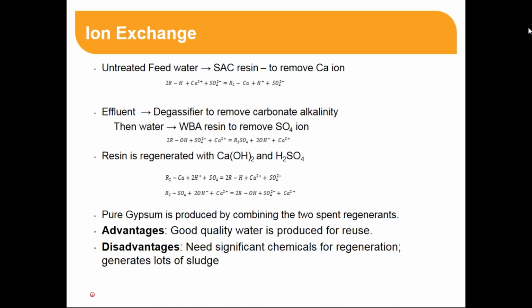The cation resin is regenerated with sulfuric acid, the anion resin is regenerated with lime, and you produce regenerant waste which is high in sulfates as well as calcium, and you combine that and produce calcium sulfate sludge. This sludge is high in purity, and the effluent coming out of the ion exchange process is very low in sulfate concentration. But the disadvantage is you need a lot of chemicals for regeneration, and you produce a lot of sludge.